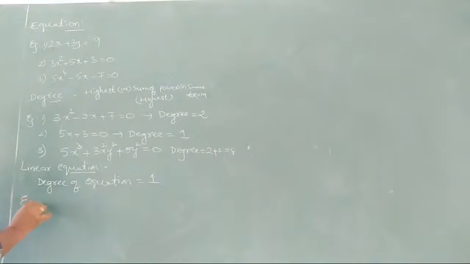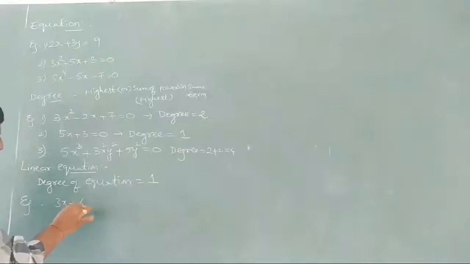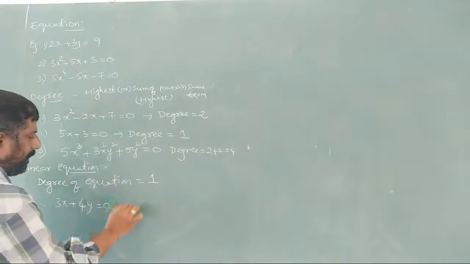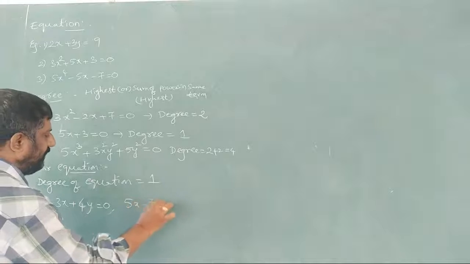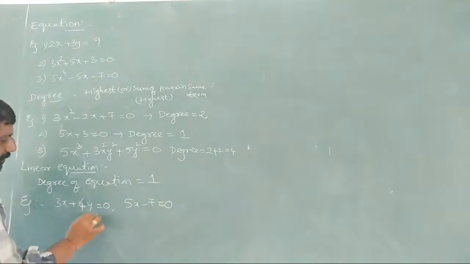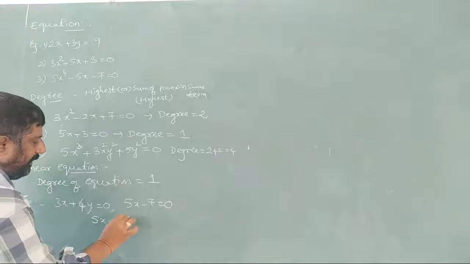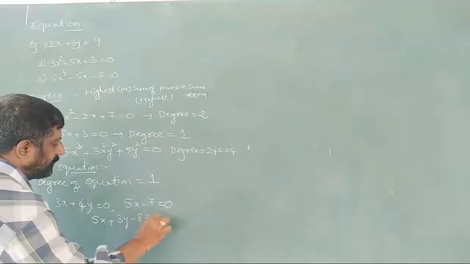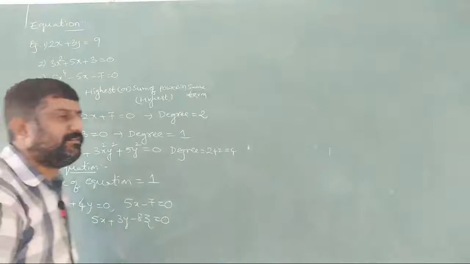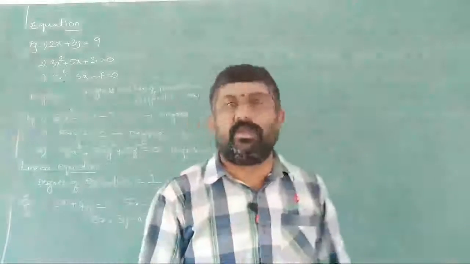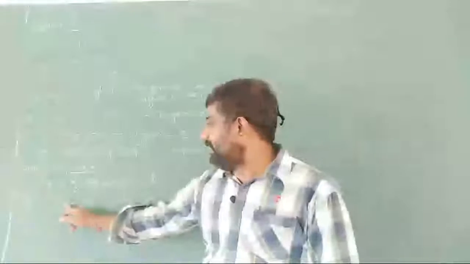Let me take examples here: 3x plus 4y equals 0, 5x minus 7 equals 0, 5x plus 3y minus 8z equals 0. So like this, we are taking linear equations only.